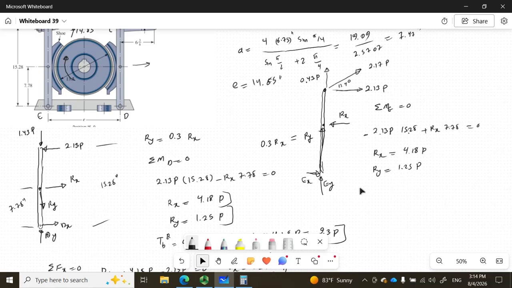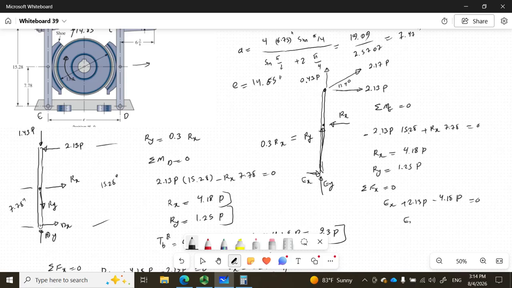Alright, so now let's look at the pivot forces. Summation of forces in the x direction must be 0. So Ex is going to the right, 2.13 is going to the right, Rx is going to the left. So Ex, Rx, this one is going to the right, equals 0.